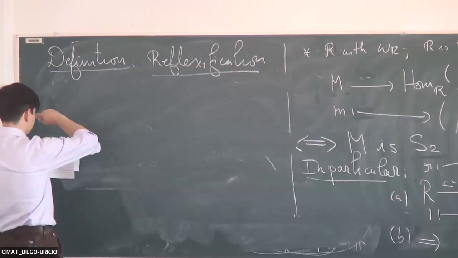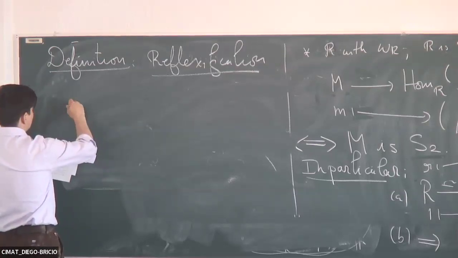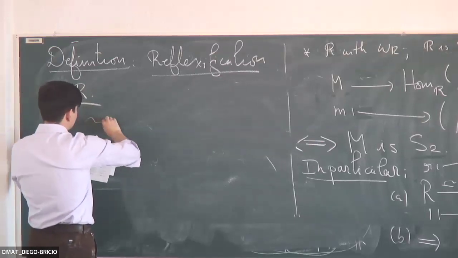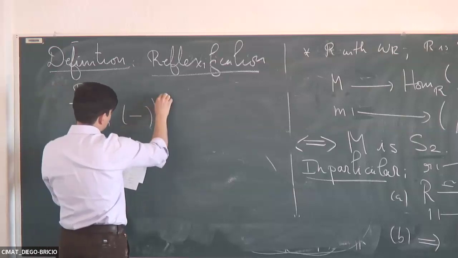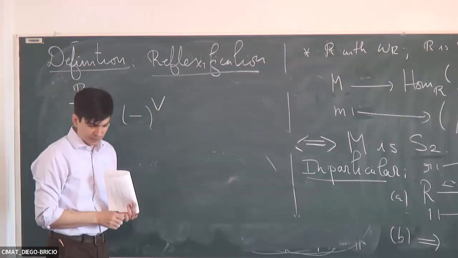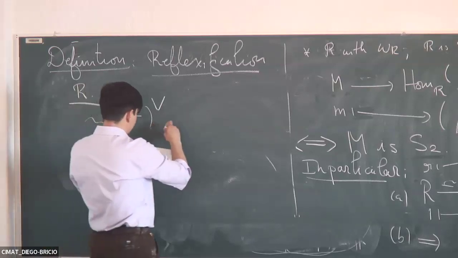So let's take a ring R, and out of this ring, we can cook up a functor that I'm going to denote like this, little bird here.